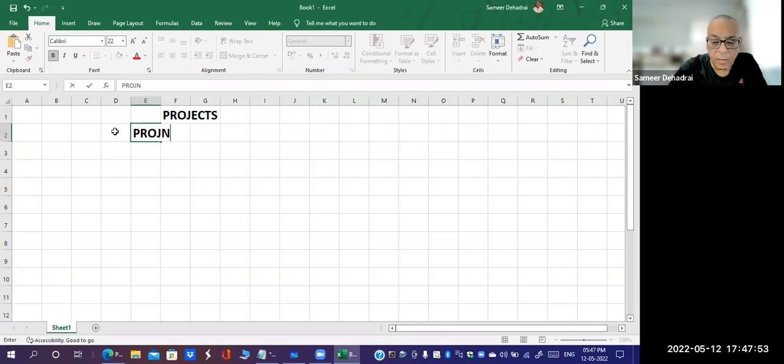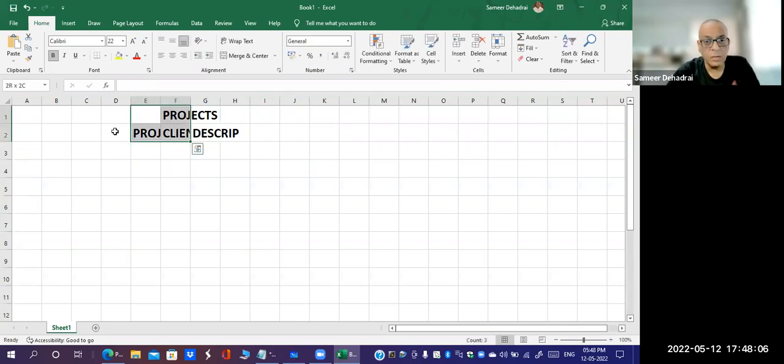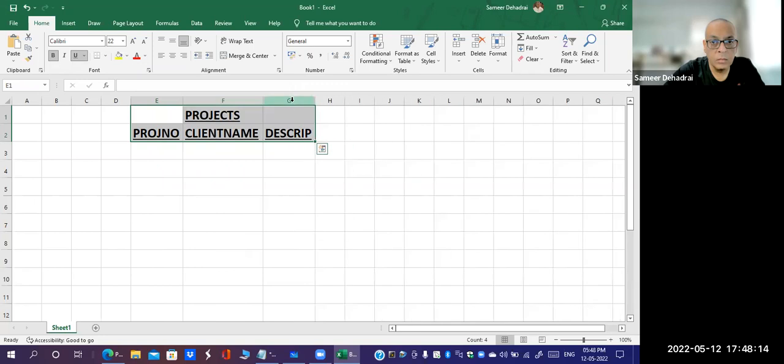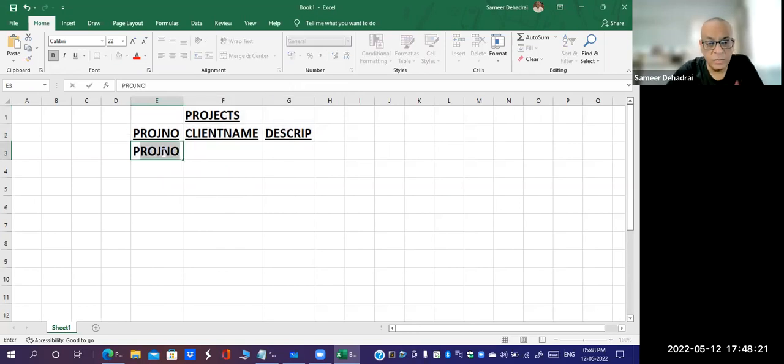In projects table, I have project number, I have client name, and I have a brief description of the project. This is my projects table. Our company has so many projects. P1, P2, P3, P4 and P5.